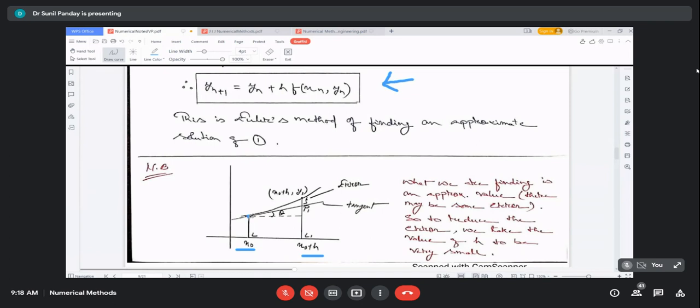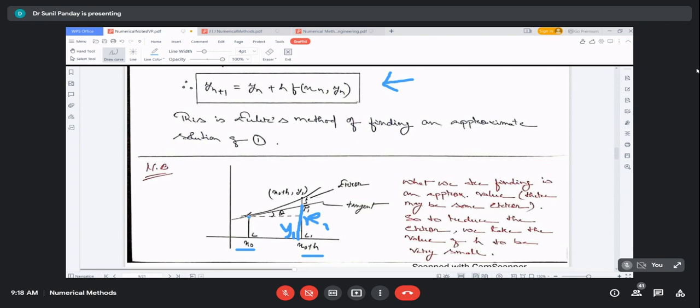Then this is the point, say P, and this we have taken as R1. So instead of writing this value, we are approximating it by this value. So we are getting this as y1, and this is the error between y(x1) and y1.